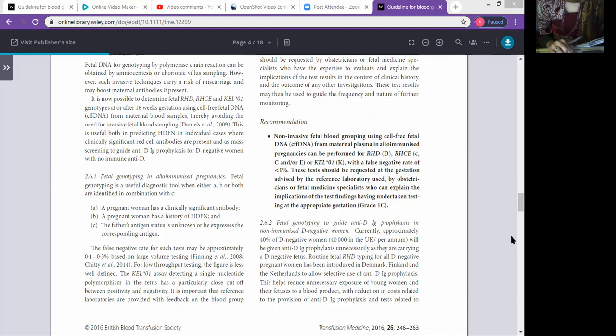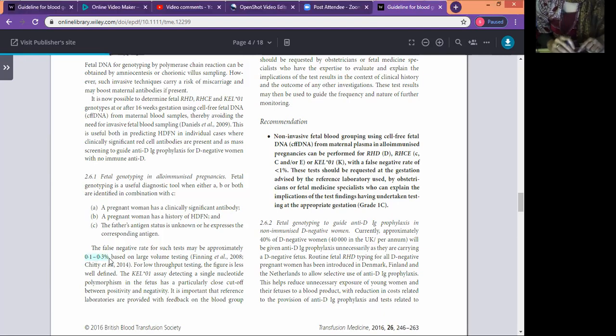Those laboratories which do large volume testing have very good results, with about 0.1 to 0.3% false negative rates. So the rates are very low for those labs which have large volume testing. This is available mostly for anti-D and C, and also for the KEL*01 phenotype.